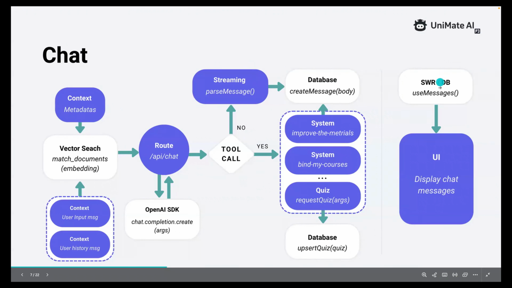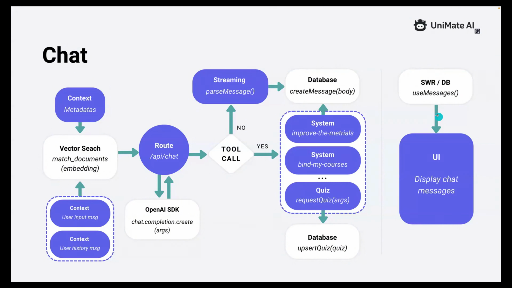So on the front end, the UI is fetching database updates and dynamically rendering the latest messages. So the architecture makes our chat capable of handling complex tasks. Also, it's creating a truly dynamic and responsive user experience.